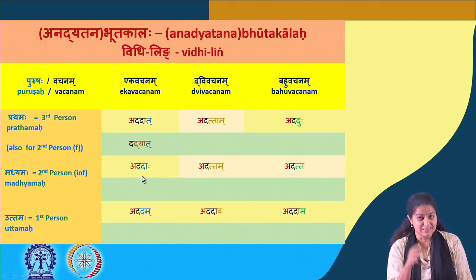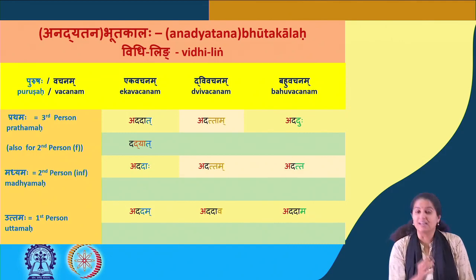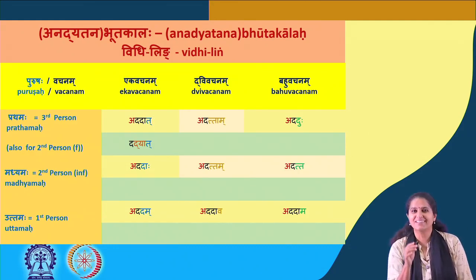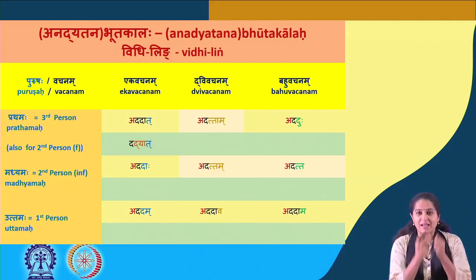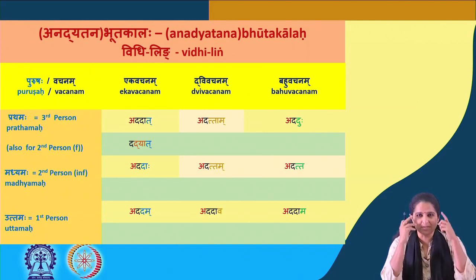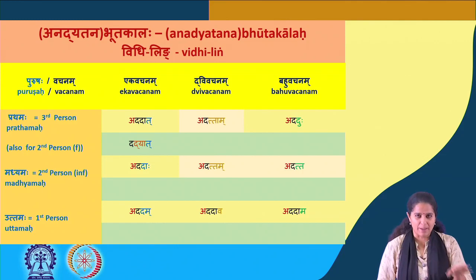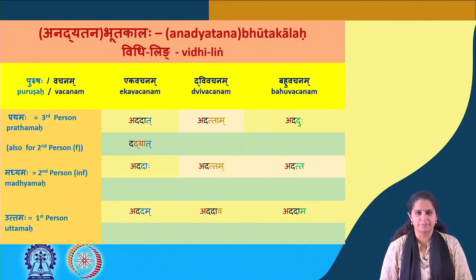Adadaha, Dadyaha, Adattam, Dadyatam, Adatta, Dadyata, Adadam becomes Dadyam, Adadava, Dadyava, and Adadama, Dadyama. Okay, so that's why I've kept it empty and I've not added anything, because I want you to do this exercise mentally. But now let's look at what happens to them when you put them on the table.